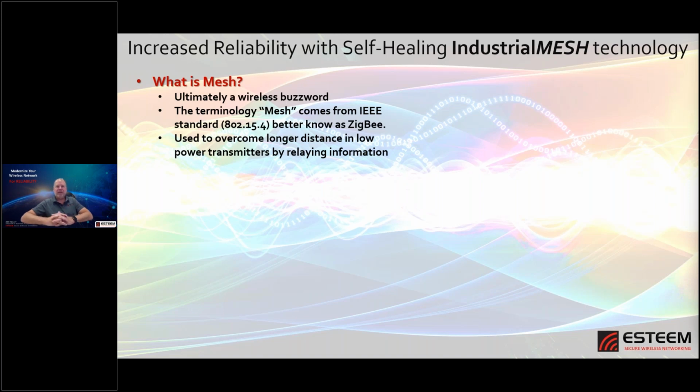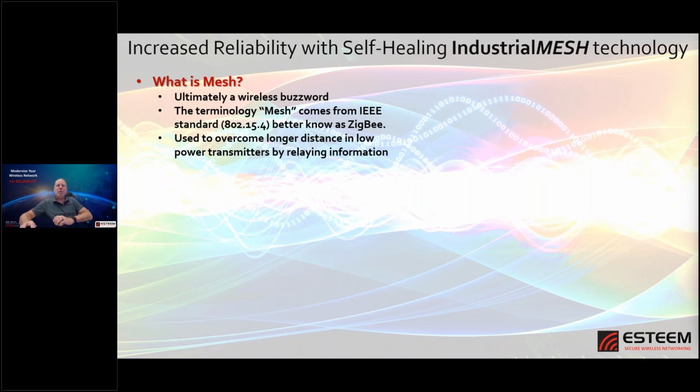It really came from what was called the IEEE standard, 802.15.4, better known as Zigbee. The whole idea was that these little low power devices could daisy chain or repeat to each other in order to relay that information across a greater distance. That's where the term came from.